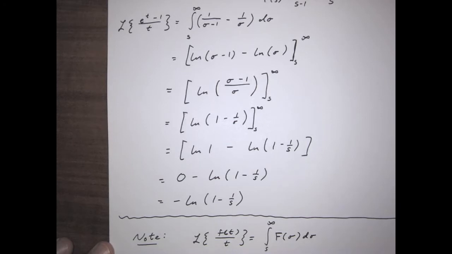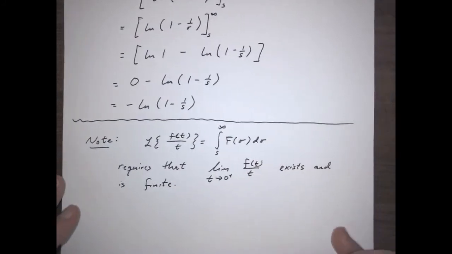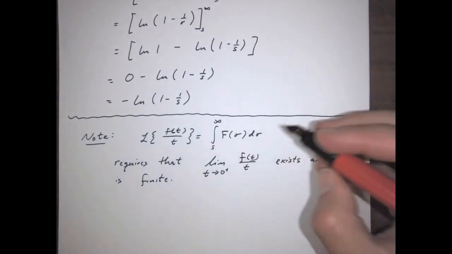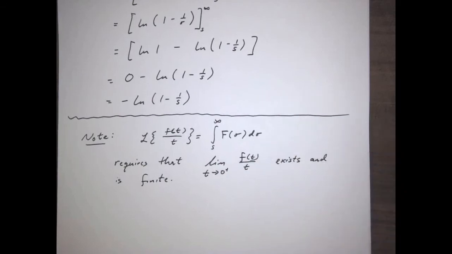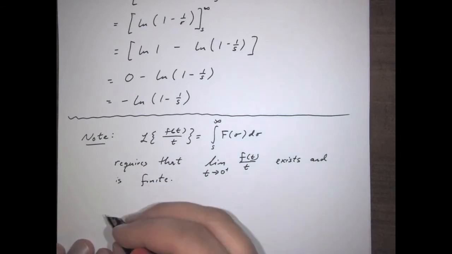So this requires that the limit as t approaches 0 from the positive direction of f of t over t exists and is finite, and this happens to be true in all of the above cases.